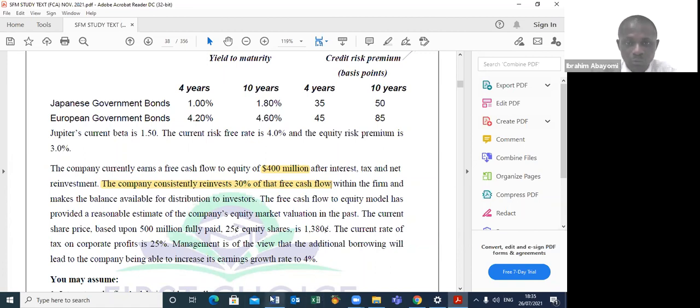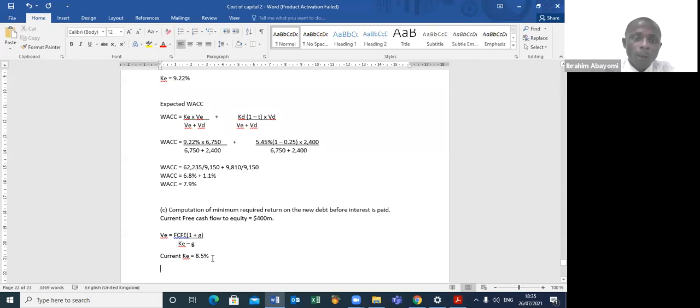Let's go back to our solution. My growth rate here, which is G, will be equal to RB. So, let me just continue that way so that we don't waste much. Now, what is our R? Our R is return on equity, 8.5%. Our B is proportion of free cash flow retained, which is 30%. This will give me my growth rate.